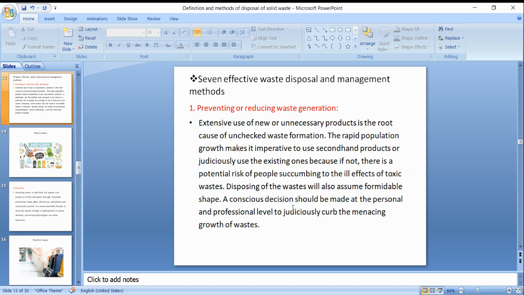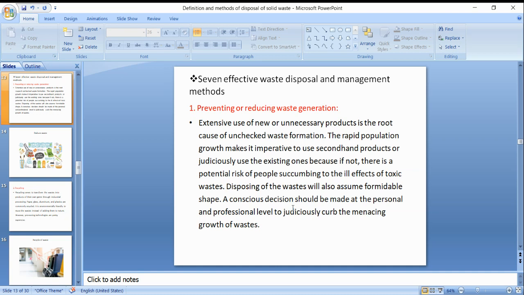So what do we mean by that? Extensive use of new or unnecessary products is the root cause of unchecked waste. For example, at our house, if we take our own basket or bag every time instead of taking covers, then we are reducing plastic. If we carry our own things to bring new products from outside, then we can reduce waste generation.